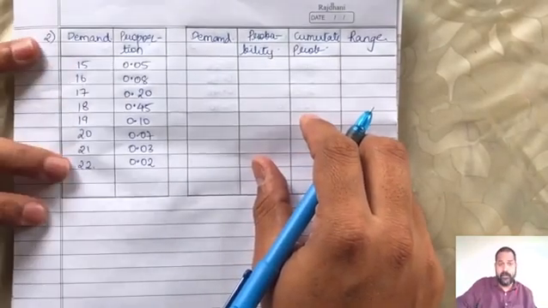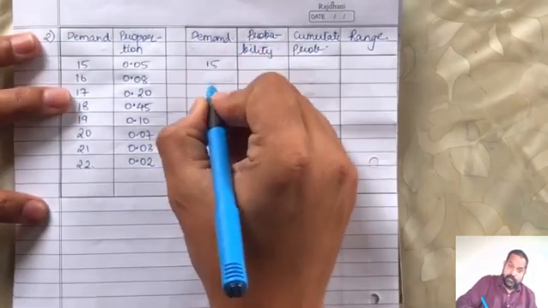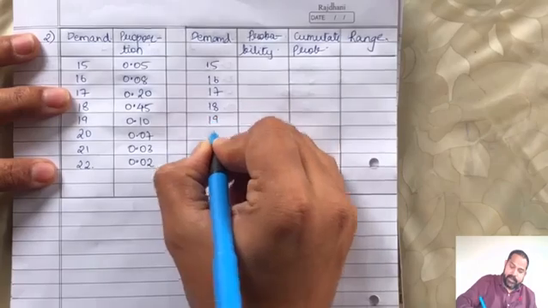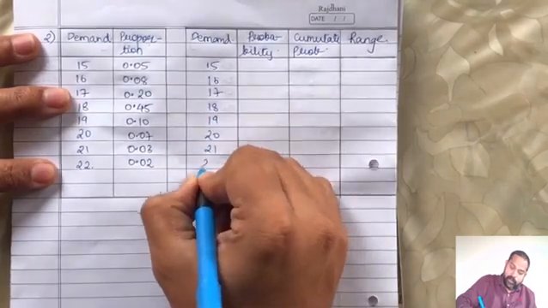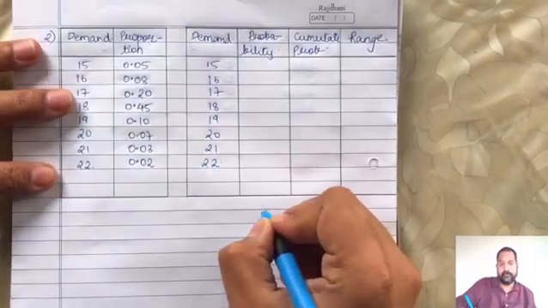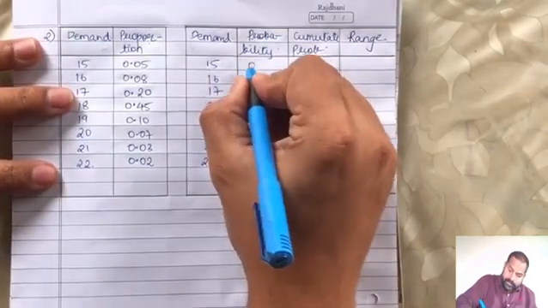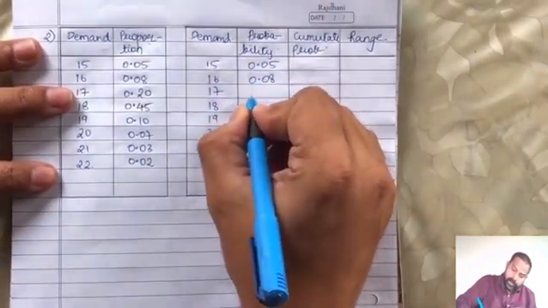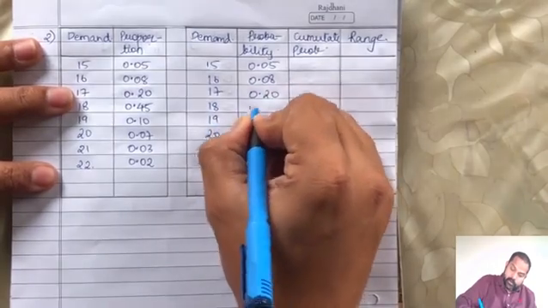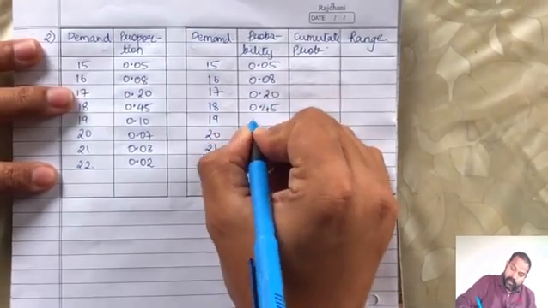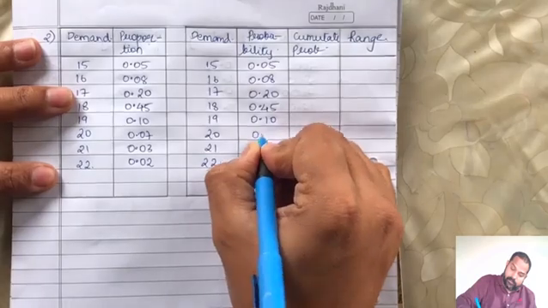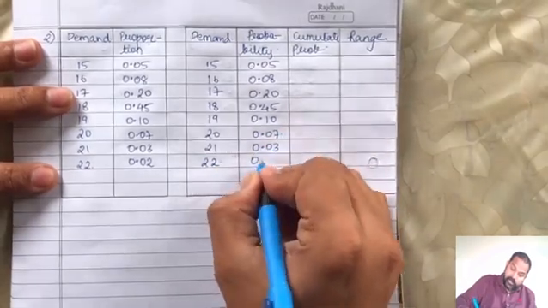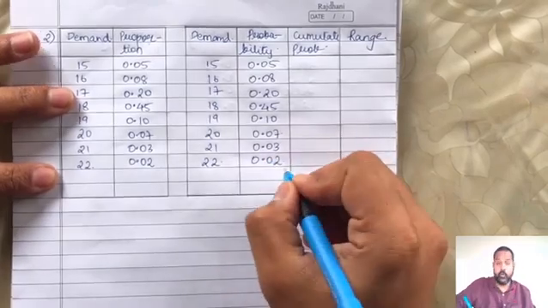Let's begin. 15 to 22: 15, 16, 17, 18, 19, 20, 21, 22. Probability: 0.05, 0.08, 0.20, 0.45, 0.10, 0.07, 0.03 and 0.02.